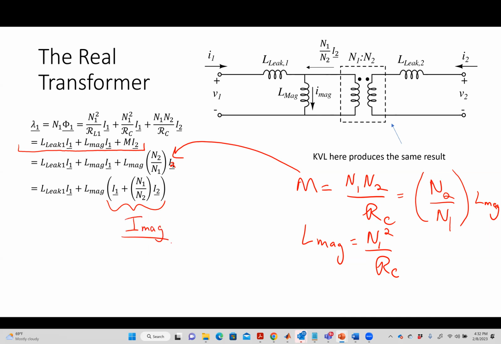All right. Now, magically next to this thing, I drew a circuit, right? So basically what I wrote here, the voltage equation would be J omega L leak 1 times I1 plus J omega L mag times I mag.